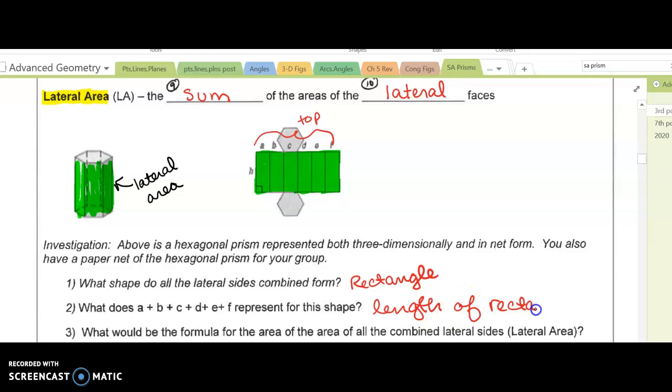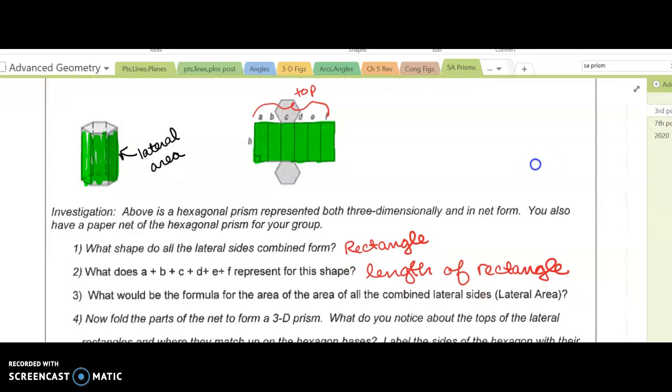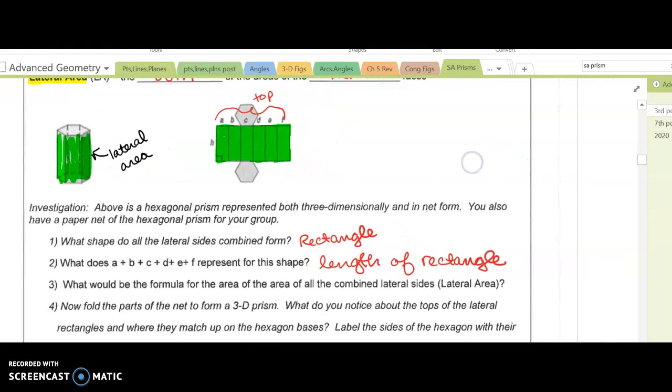So we are deriving the lateral area of a prism, a right prism. And it says, what would be the formula for the area of all the combined lateral sides? Well, it looks like to me the area of this rectangle would be our width h times our length.